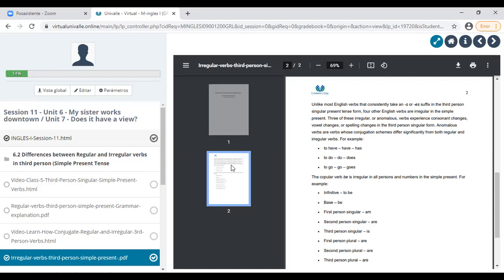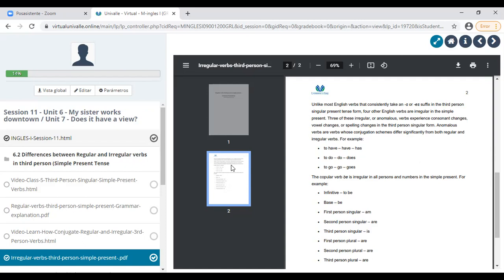Three of these irregular or anomalous verbs experience consonant changes, vowel changes, or spelling changes in the third person singular form. Anomalous verbs are verbs whose conjugation schemes differ significantly from both regular and irregular verbs. Examples: to have, has, to do, does, to go, goes.